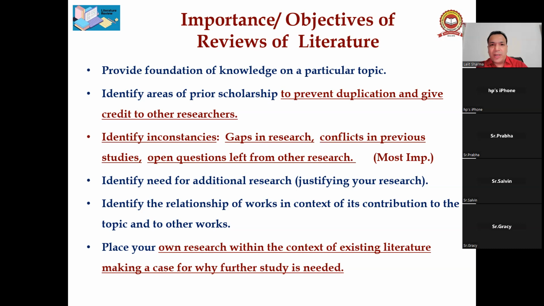It provides a foundation. It means you are going on the right way. Next, importance or objective: identify areas of prior scholarship to prevent duplication and give credit to other researchers.